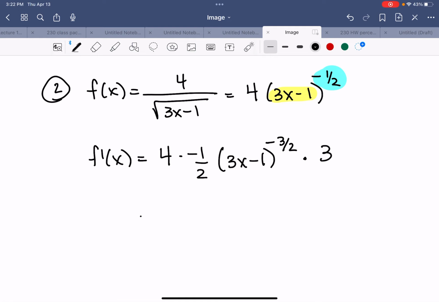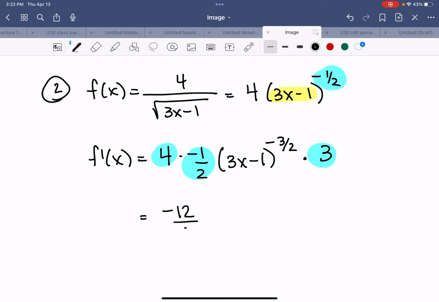Okay. And then I can think about multiplying across. The part with the exponent is never going to get multiplied together because it's got an exponent on it. But the other numbers can all be multiplied together. So if I multiply across the top of the fractions, it's 4 times negative 1 times 3, and that's going to give me negative 12.